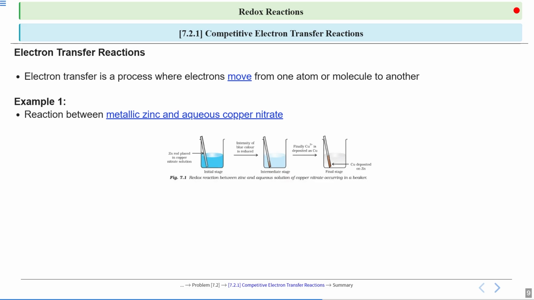Here in the provided image, you can clearly see a beaker filled with a solution of blue color, and a rod placed in it. The rod is of zinc, placed in a copper nitrate solution, which is blue.